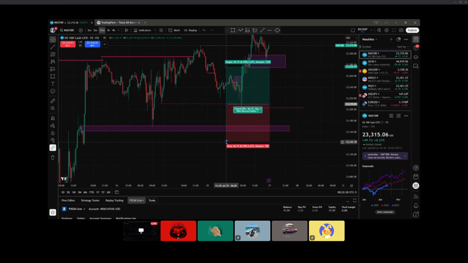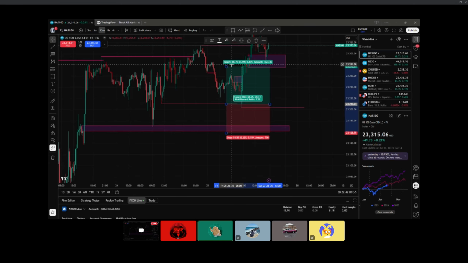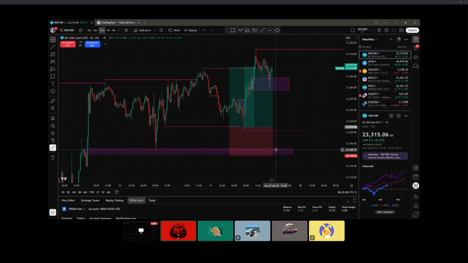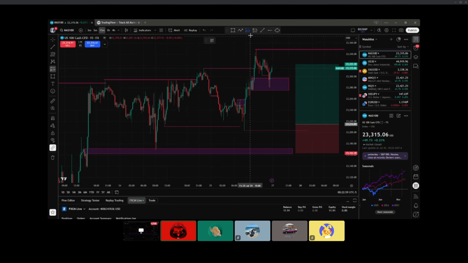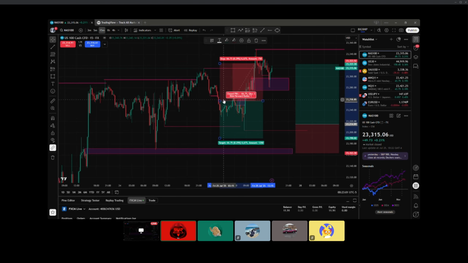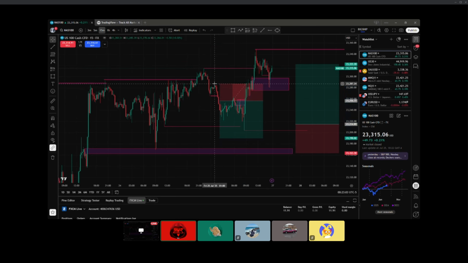Stop loss below this fair value gap here, targeting this high. I normally go for a 1 to 2. Something like this. But when I see something like this happen, my narrative changes. And then I jump in following these FVG traders, stop loss above there, targeting this level.